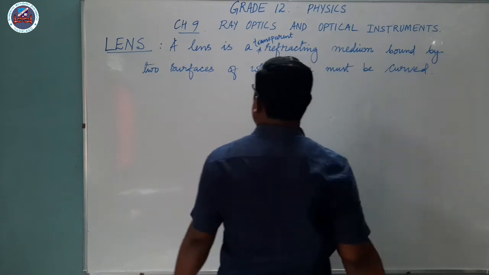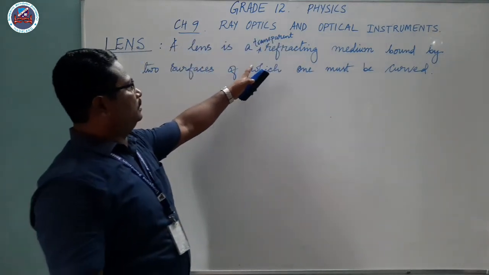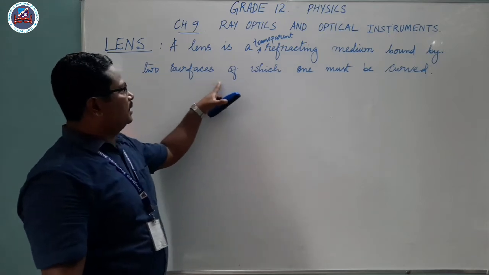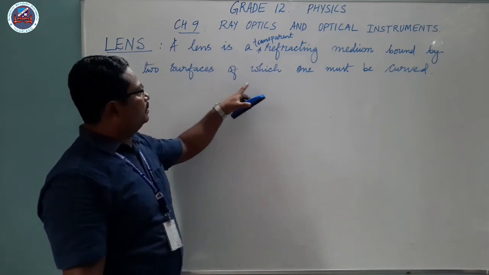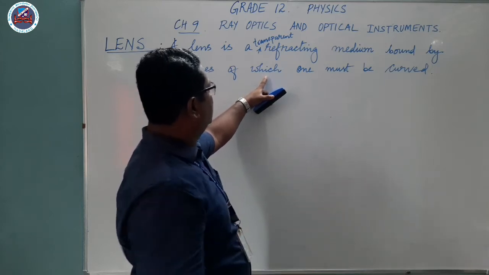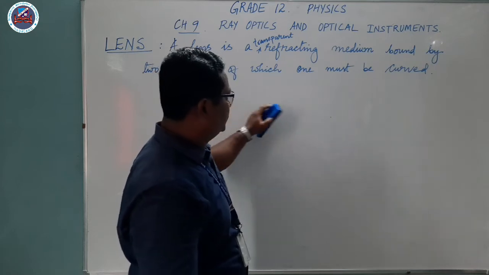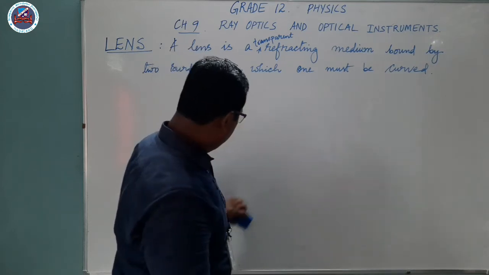So this material, if it is bound by two refracting surfaces, and the material must be a transparent one, light must pass through it, should refract, then that material we will call a lens.